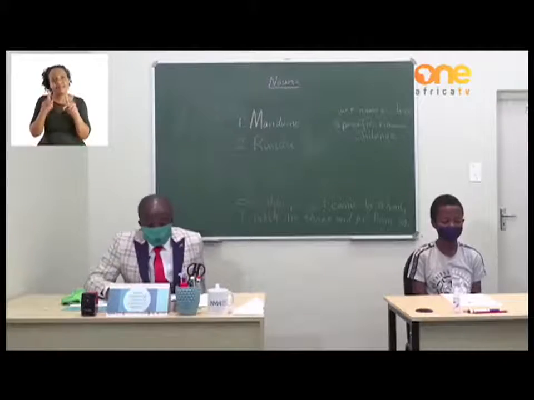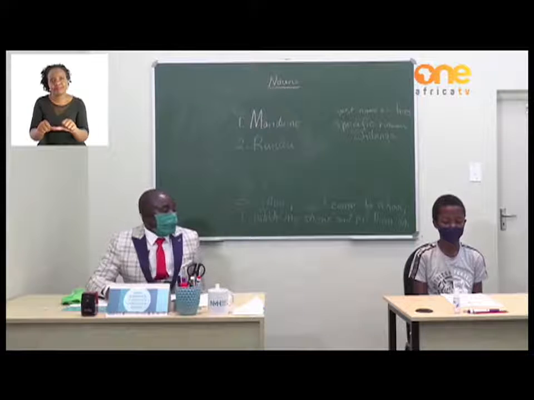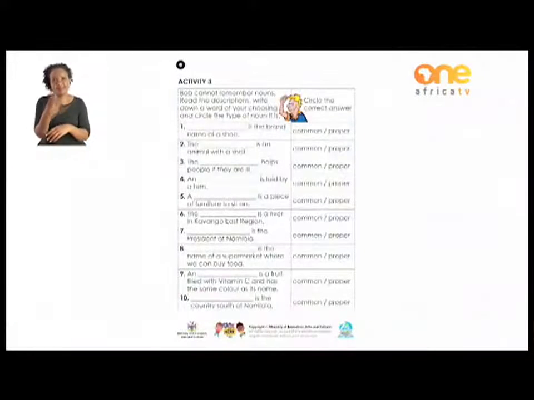Let us proceed to Activity 3, this is on page 6. It says, Bob cannot remember nouns. That word Bob there is a proper noun, okay? Read the descriptions, write down a word of your choosing, and circle the type of noun it is.